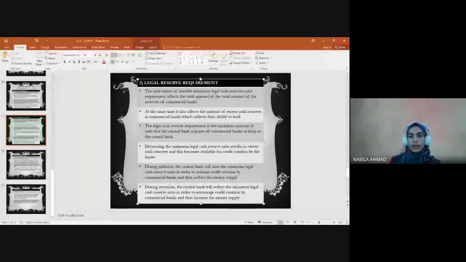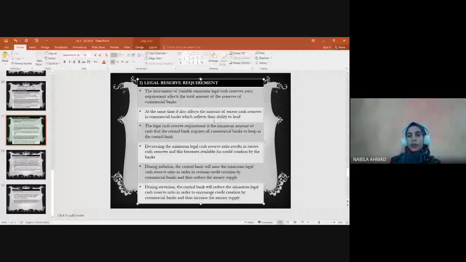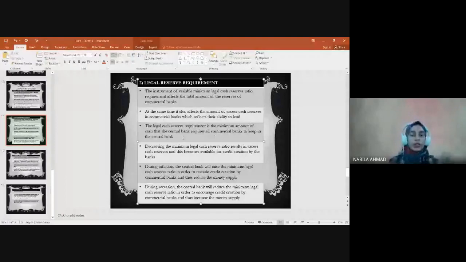At the same time, it also affects the amount of excess cash reserve in commercial banks, which reflects their ability to lend. So what is the legal cash reserve requirement? It is the minimum amount of cash that the central bank requires all commercial banks to keep in the central bank. Setiap commercial bank, macam kita ada satu bank yang utama iaitu Bank Negara yang akan manage all the activities ni lah.